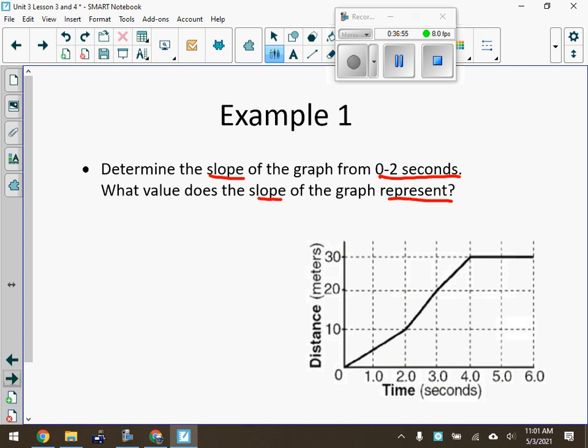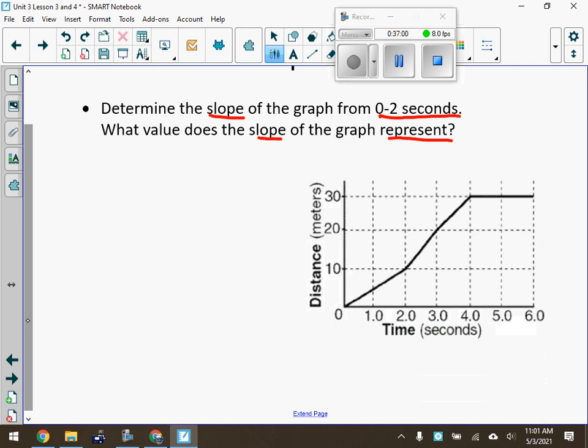So let's find 0 to 2 seconds here. The first thing I'd say is let's maybe even color that in. Here's 0 to 2. They're talking about this from there to there, that segment of the line only. Here's what I would suggest doing. If you've never heard of slope before, to calculate the slope we're going to talk about the rise, always the rise over the run.